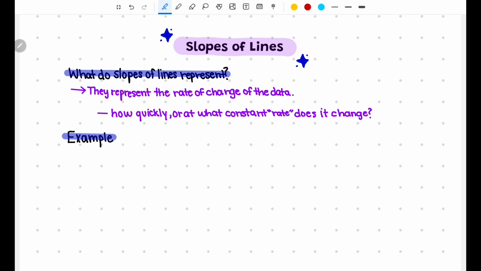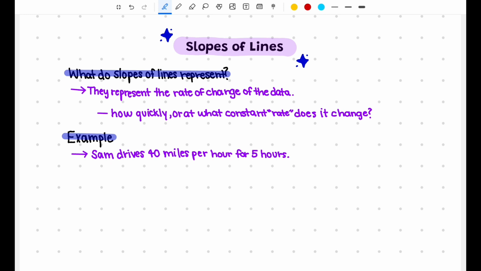Let's look at an example situation. Our example situation, Sam drives 40 miles per hour for 5 hours. This is our situation. Now we want to see the slope and what it represents. So, if the slope represents how quickly or at what constant rate the data is changing, that means that the slope in this case represents how many miles per hour he's going.